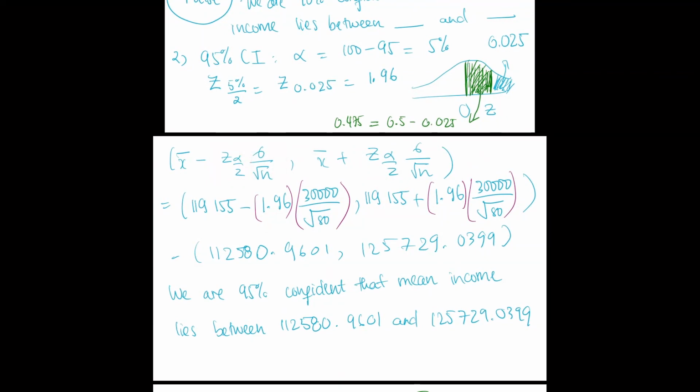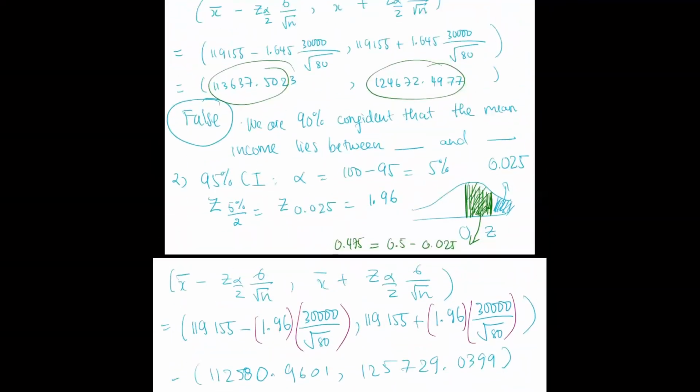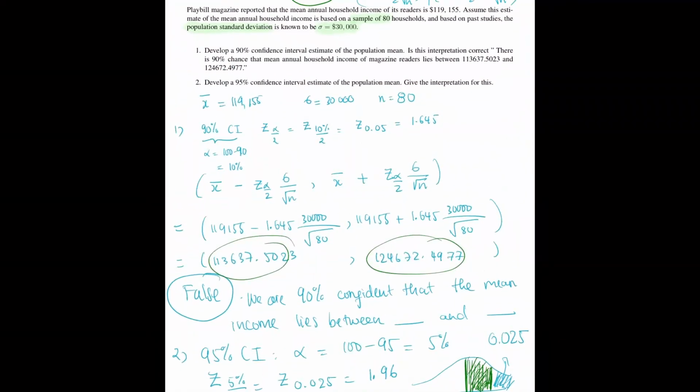Any other question? Okay, if not, then I will move to, could we also interpret this as chance? No, I just said that is a wrong interpretation. It's the same interpretation as this one. There is a 90% chance that the mean lies in this interval is a wrong interpretation, and the interpretation you just wrote down is the same thing.